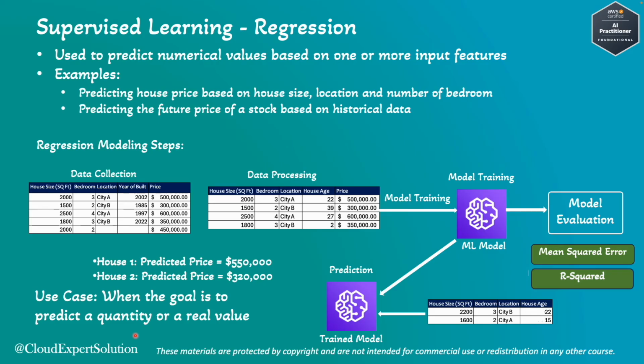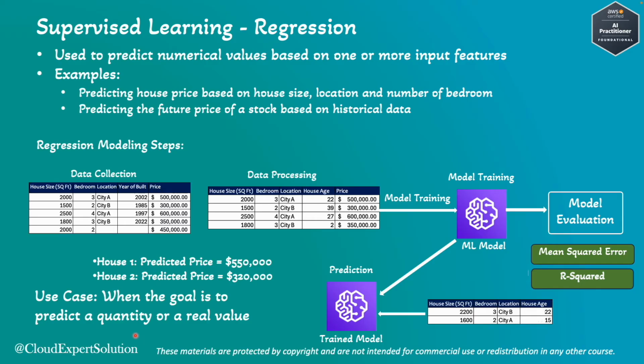In the certification exam, you might encounter some use cases and scenarios, and it will ask you to identify the machine learning algorithm, like regression or classification. If you see any use case to predict a category, like email type is spam or not spam, then it is classification. But if the goal is to predict a quantity or a real value, then it's an example of regression.